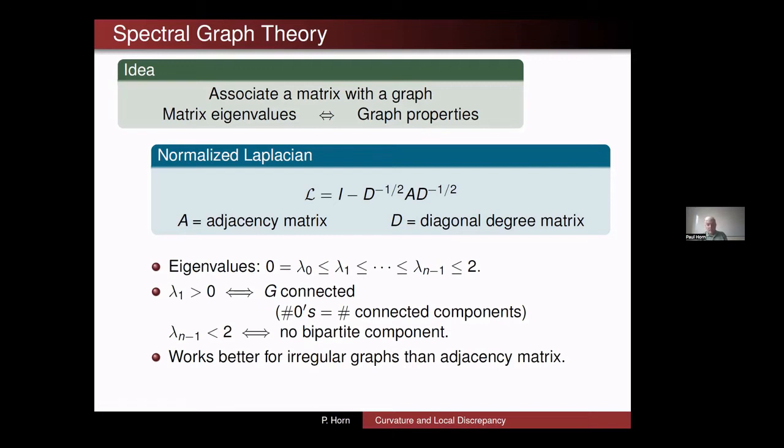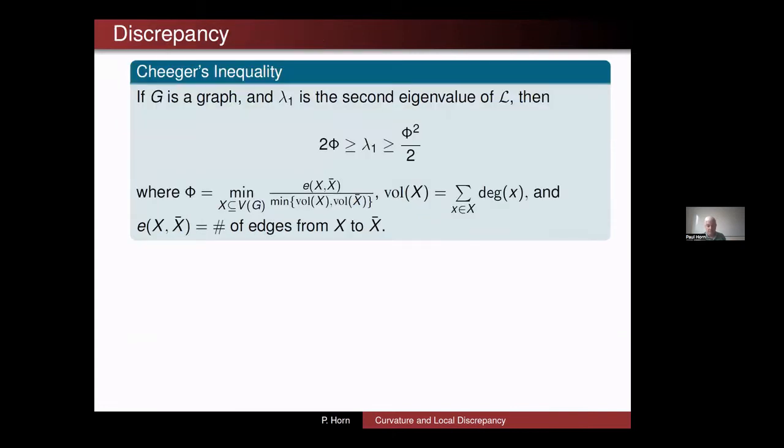I want to mention a few results of particular importance and interest as we go through here. Perhaps the most celebrated result that you get easily from this normalized Laplacian is what is known as Cheeger's inequality.